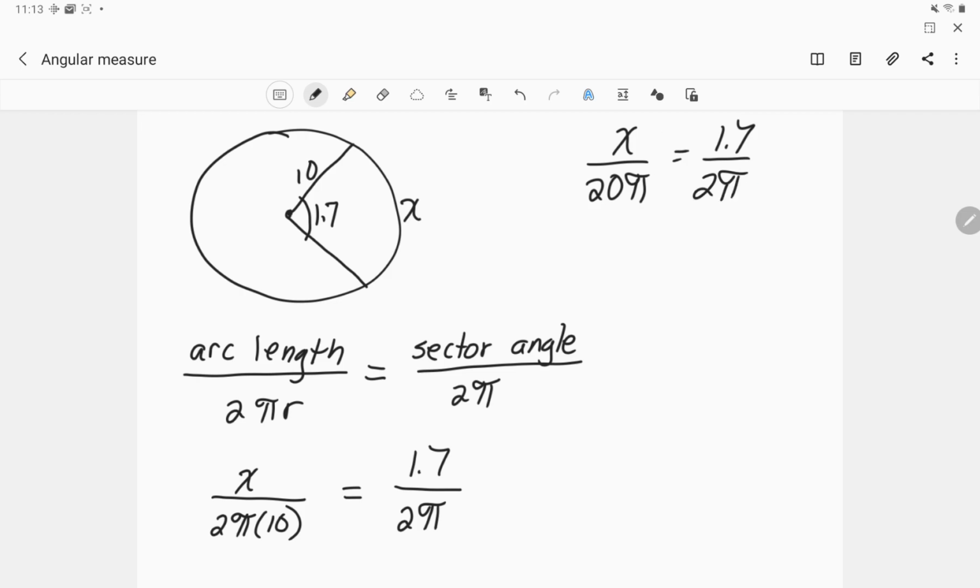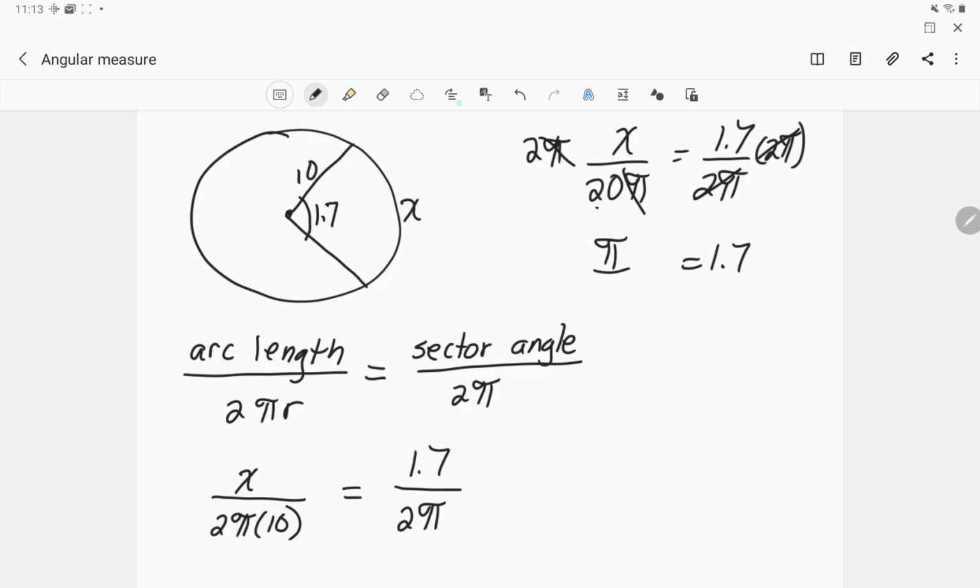Now, I cross multiply, but some people don't like that. So let's say you want to get rid of this denominator. So you multiply this side by 2 pi so that your 2 pi's cancel, and you just have 1.7. If you multiply this side by 2 pi, your pi's cancel, and you have 2 over 20, which is 1 over 10.